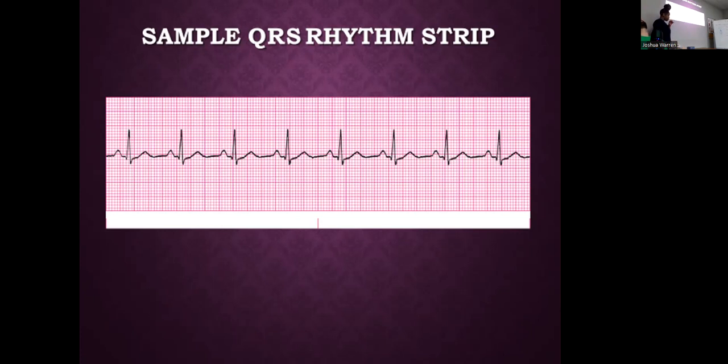Now, is it regular though? Because there are some rhythms that will fall into a normal heart rate. So is the R to R and the P to P the same length and distance apart every time? I don't think so. You don't think so? How would you know if you didn't measure? Either use a caliper or a piece of paper and then march it out.